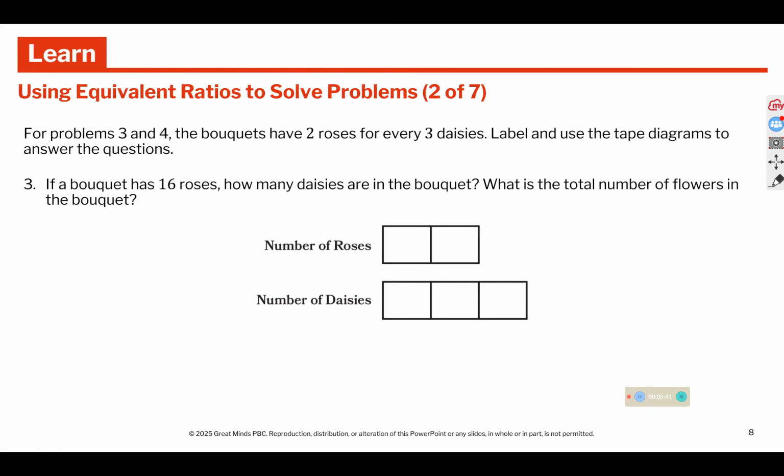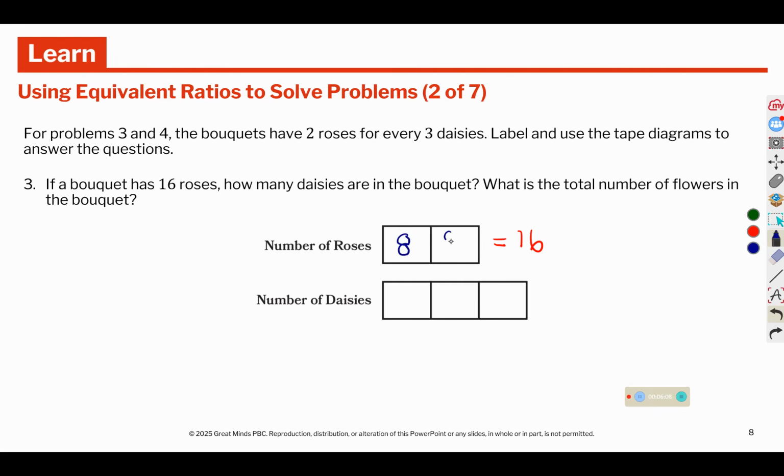For problems 3 and 4, the bouquets have 2 roses for every 3 daisies. Label and use the tape diagrams to answer the question. If a bouquet has 16 roses, how many daisies are in the bouquet? So the roses is equal to 16. To figure out how many daisies, we have to first split that 16 up equally amongst the boxes.